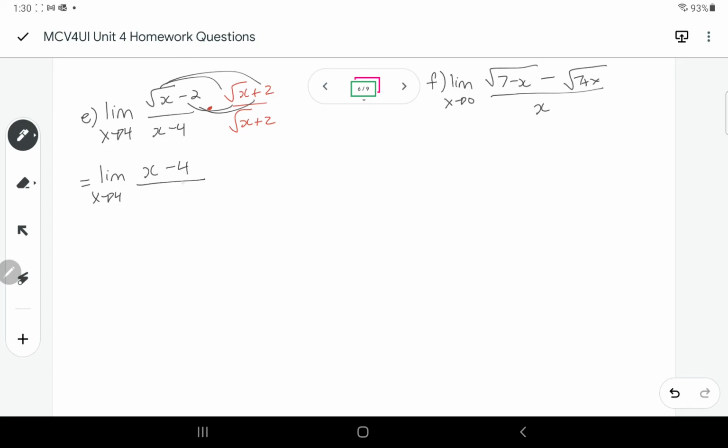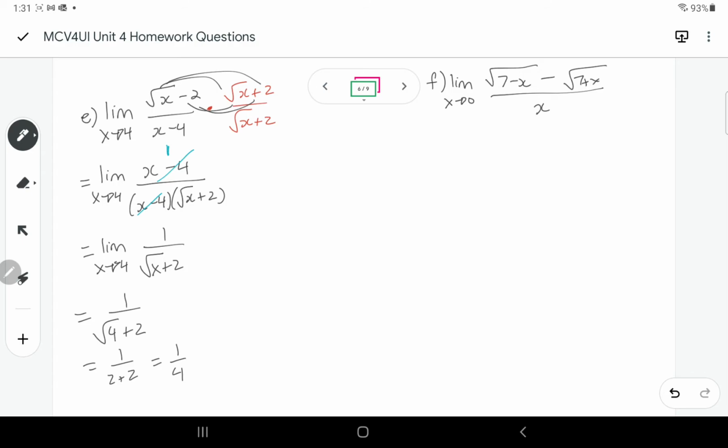Then minus 4 over x minus 4 times root x plus 2. And then your x minus 4s will cancel out, and you'll be left just with a 1 on top. So 1 over root x plus 2, and then you're ready to sub in. So you stop writing the limit signs. And we get 1/4.